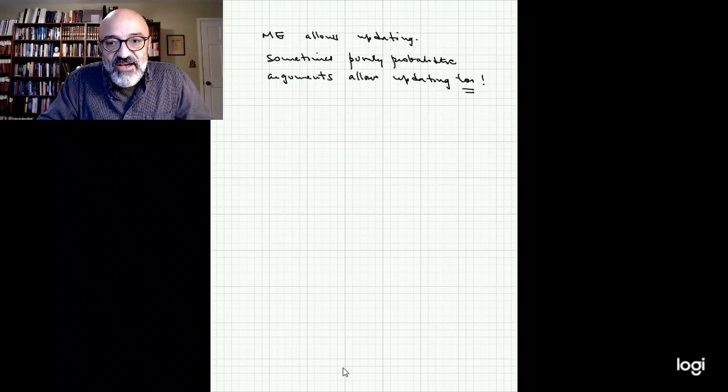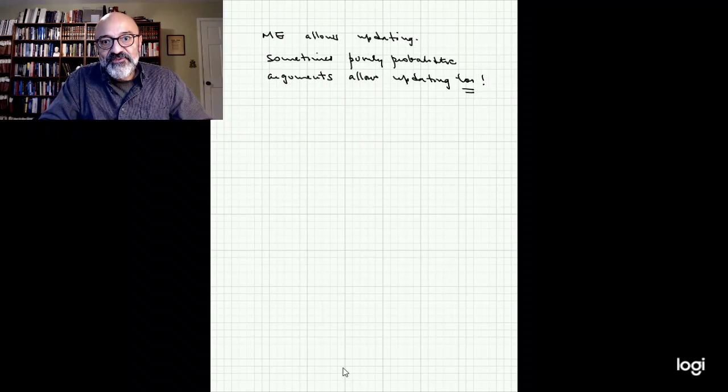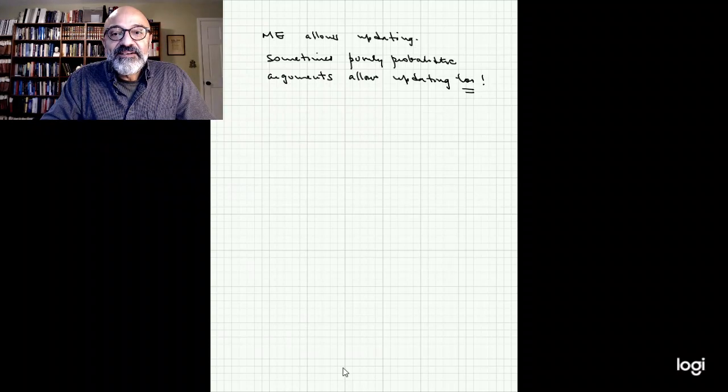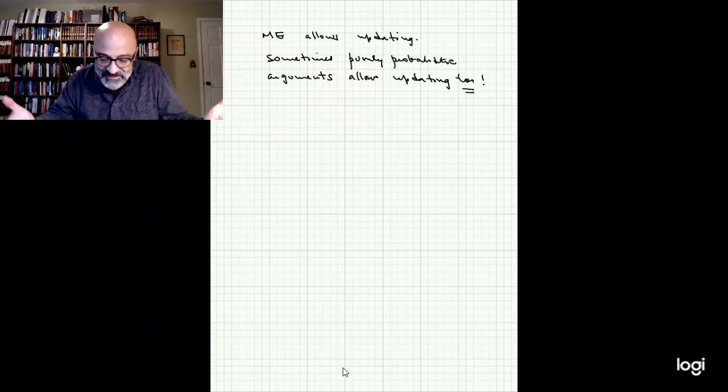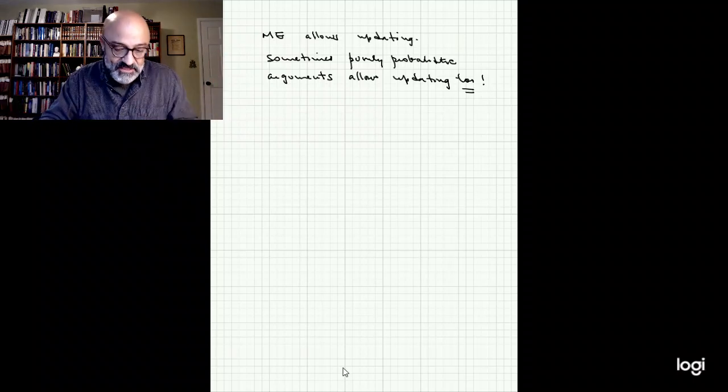And if they allow you to update, you have to make sure that your maximum entropy method and these special cases agree with each other. Otherwise, you have an inconsistency, and that is the ultimate sign of irrationality, and so that's really not allowed.